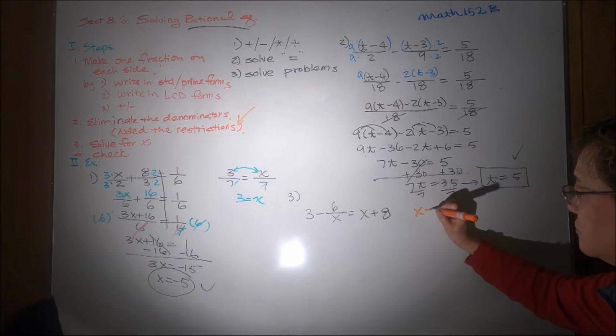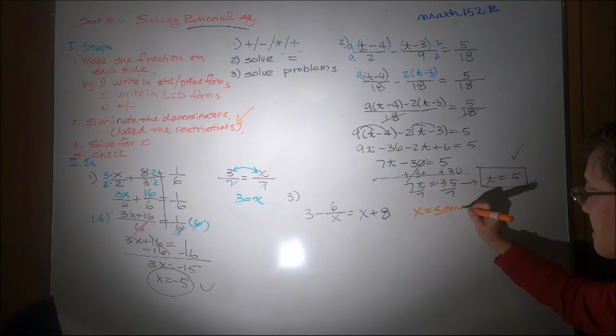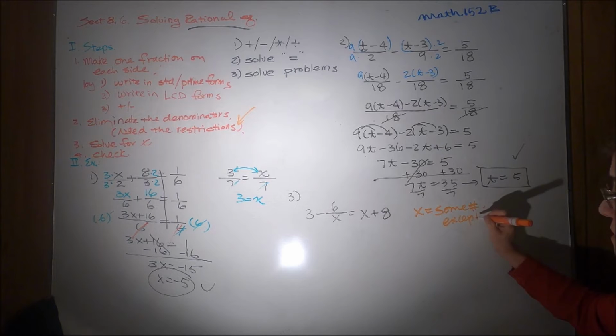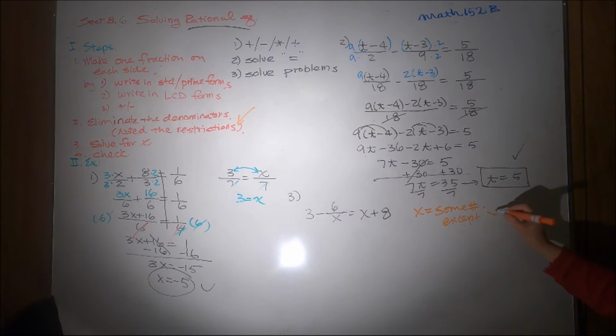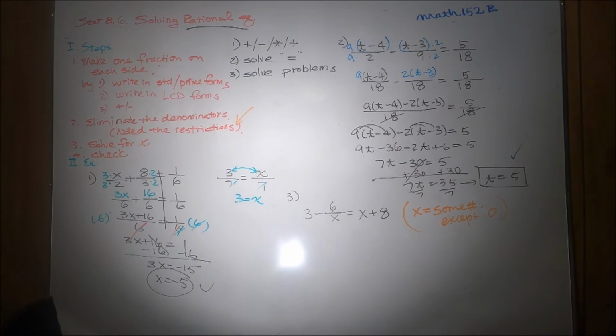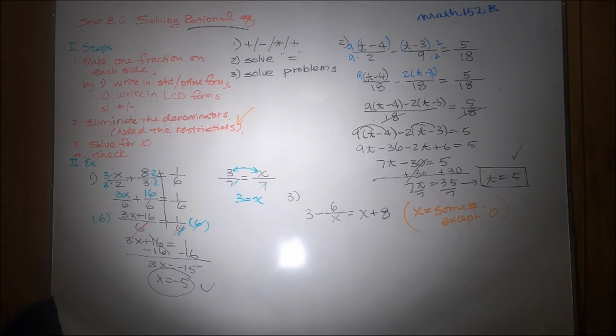So x can be some kind of numbers, except what you cannot use, where the denominator is 0. Except 0, right? x cannot be 0. So that's your restriction. You better write it down before you start, so you don't forget, right?